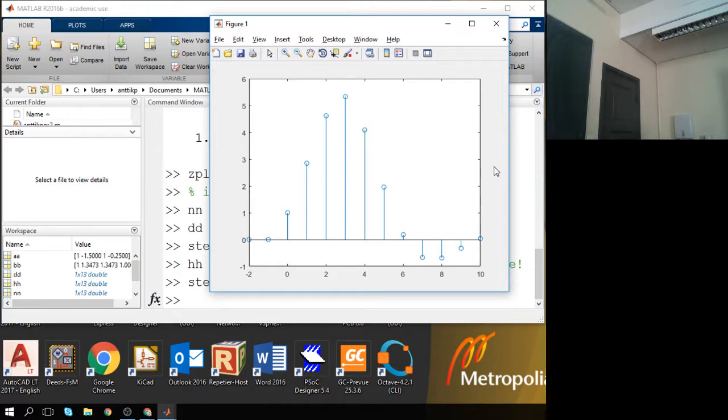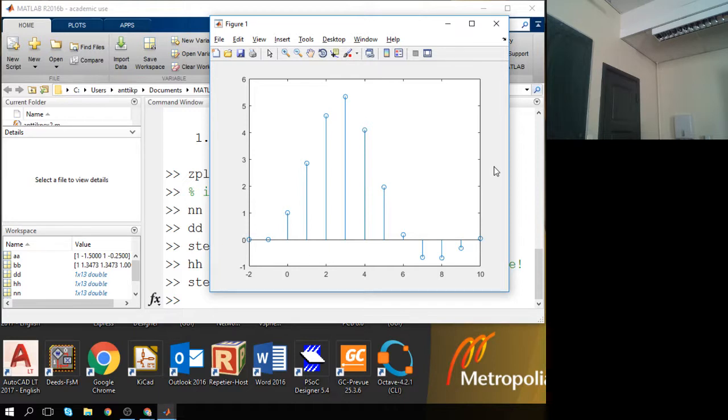So that's the order number here. If we have any non-zero values after that order number delay, then we have IIR system. So this is IIR system for sure. So we don't need to go to infinity and check if there is some values there. That'll be a little bit difficult too.